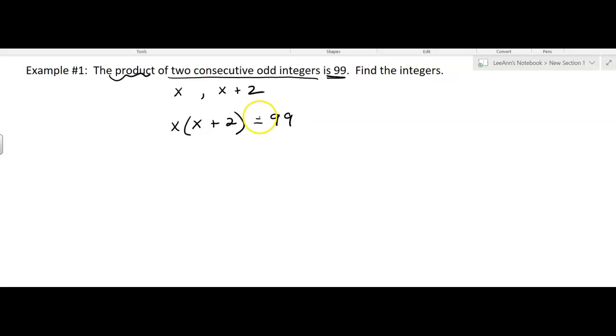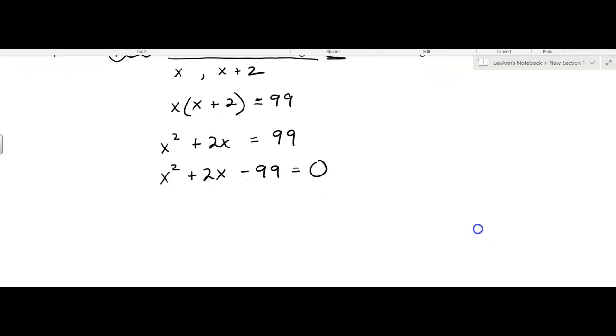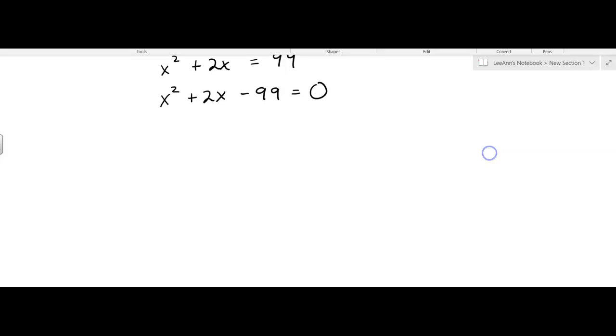Okay, so I'm going to distribute on the left and get x squared plus 2x. And then I'll just write equals 99. Okay, then subtract, it's a quadratic equation, so I'm going to subtract the 99. And now it's a quadratic equation that we want to solve. So this section of the textbook, this is 9.5, we're trying to use the idea of solving quadratic equations.